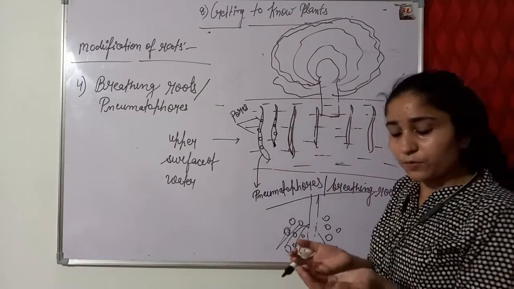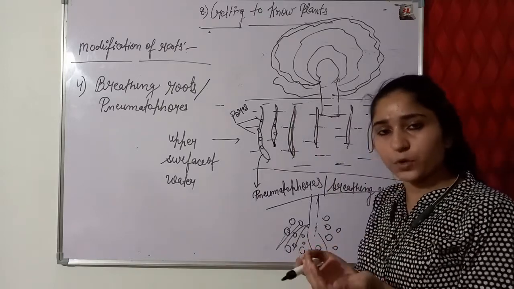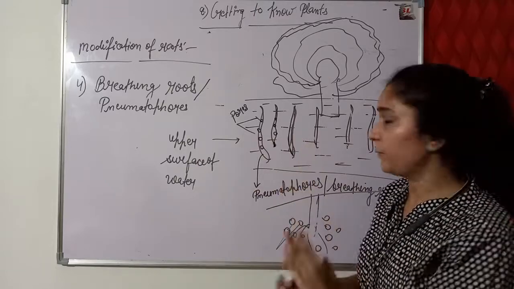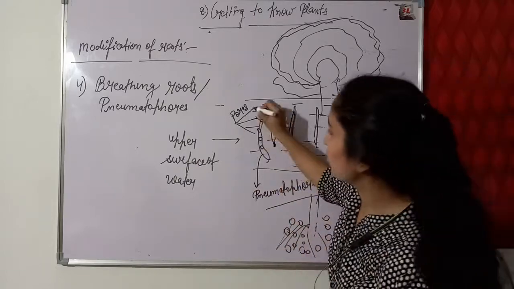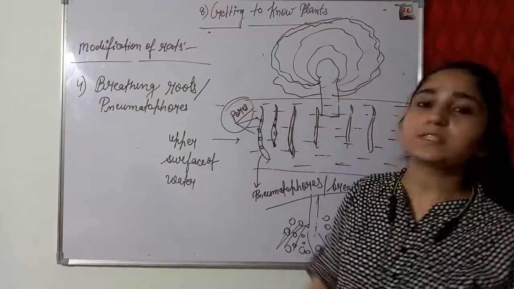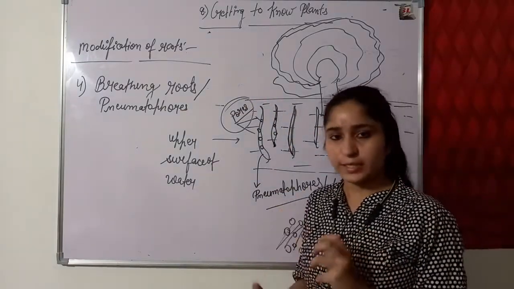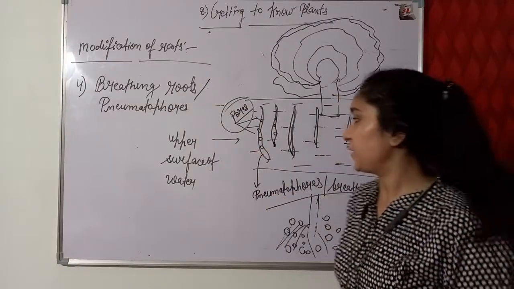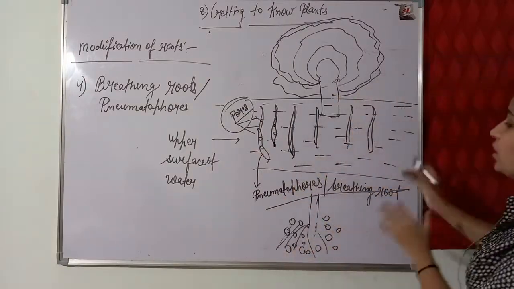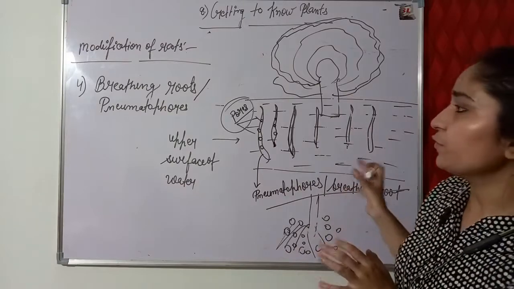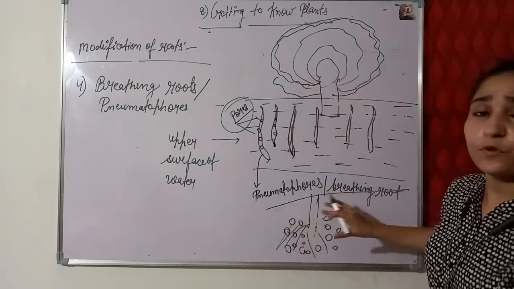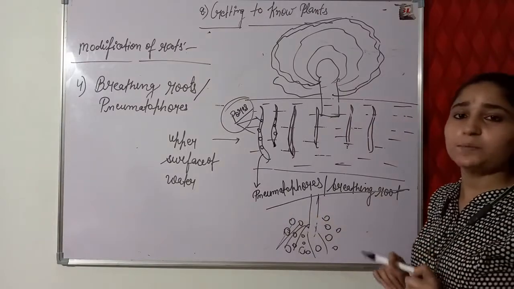So from the underground part of the root, these roots arise vertically upward, and these roots have pores, and through these pores they exchange gases, and these pores are utilized for breathing purposes. So this is the pneumatophores, and pneumatophore roots are generally seen in marshy areas.